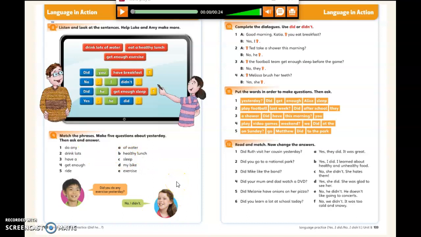So, the first thing that I want you to do now is try to match the phrases. Pause it, and after you have finished, play the recording again, and in the next part of the recording, you will see the phrases.